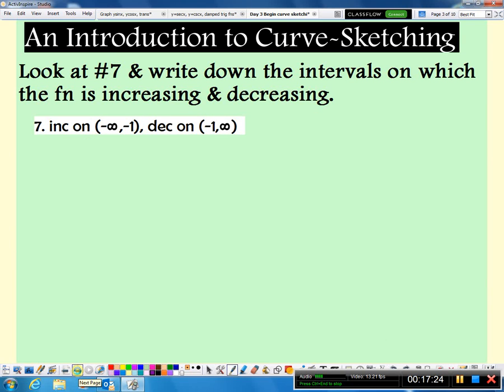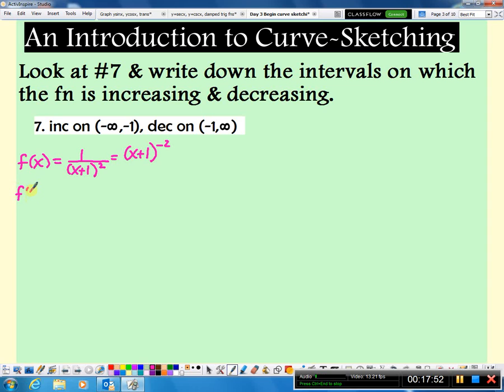So let's go through the whole spiel, which you're going to be doing lots of on number 7. So I'm looking at number 7 and seeing that the equation is f of x equals 1 over x plus 1 squared. And I choose to rewrite it as x plus 1 to the -2. I'm only doing that because, since I've got to do f prime of x, that would make it pretty quick using chain rule.